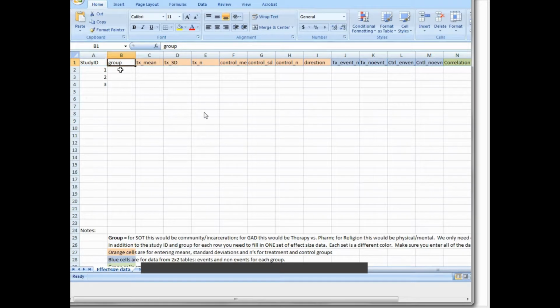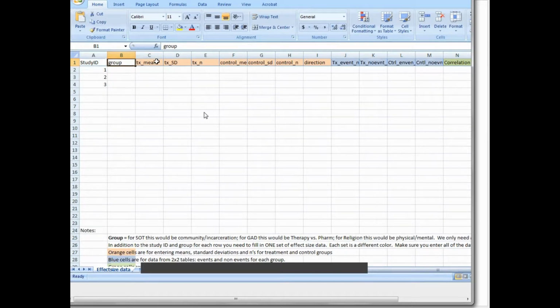For the religion group, this would be whether it was a physical or a mental health benefit that they were looking at. So I would use that to further delineate which one of your effect sizes you're looking at.